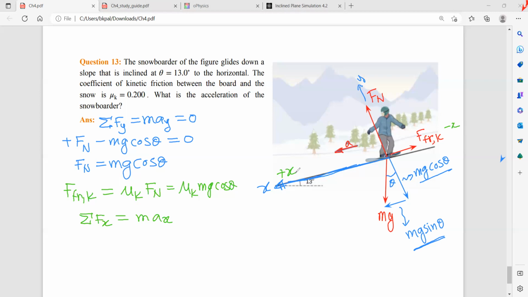So in the positive x direction, we have mg sine theta. You see that the direction of this one is along the positive x. In the negative direction, we have frk. And a is also in the positive direction, so this sign would be positive.